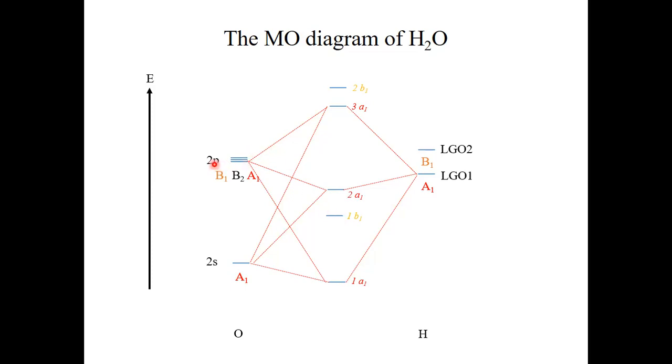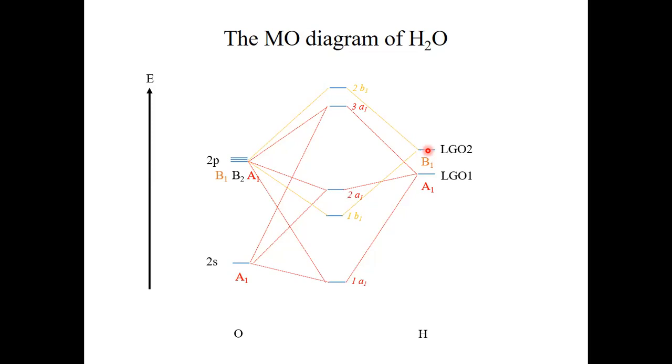In this case, this would be the 2p. The anti-bonding one should be above the atomic orbital or ligand group orbital of the same symmetry type of the highest energy. In this case, it would be LGO2. So we again connect the respective atomic orbitals, ligand group orbitals, and molecular orbitals with dotted lines to indicate what molecular orbital has been made from what atomic orbital and what ligand group orbital.